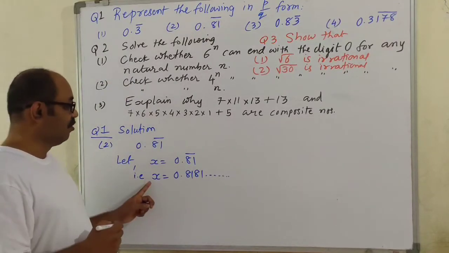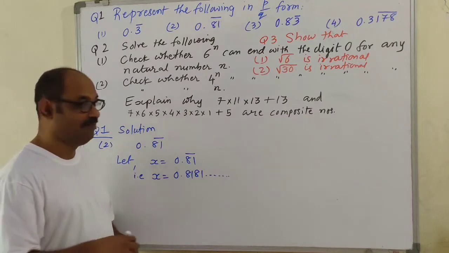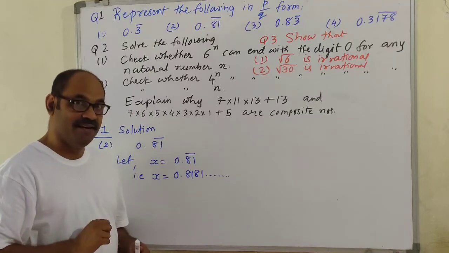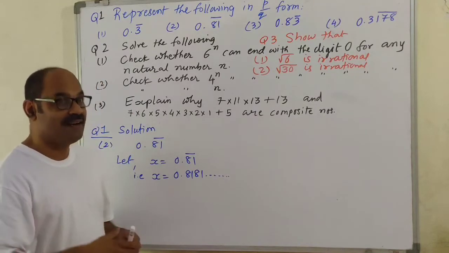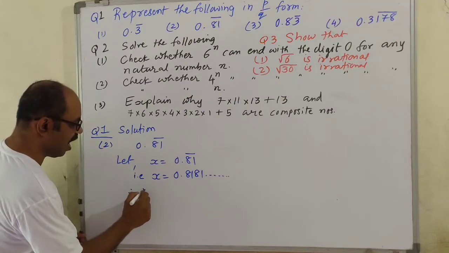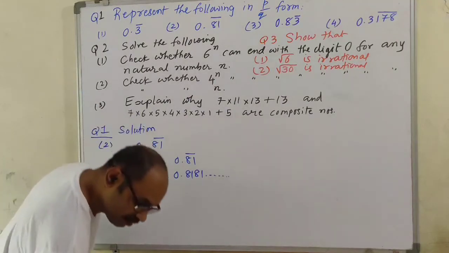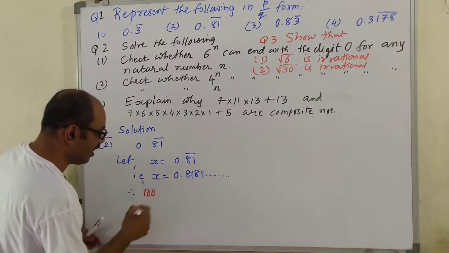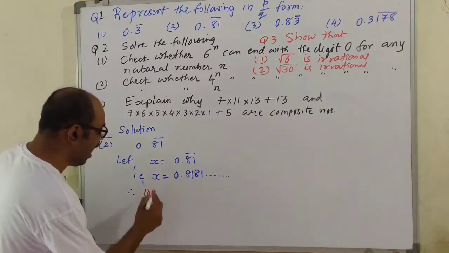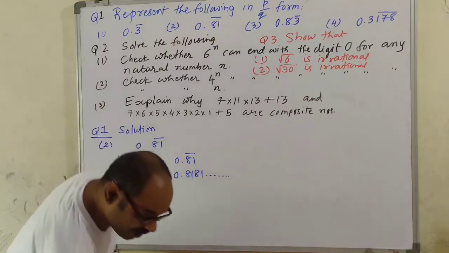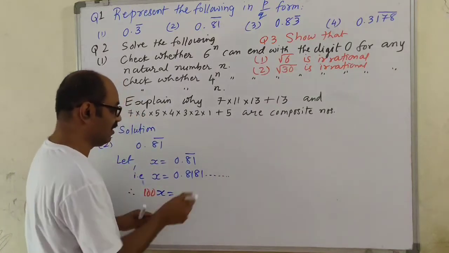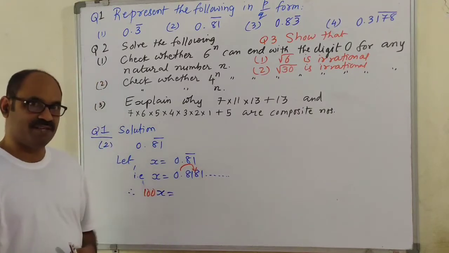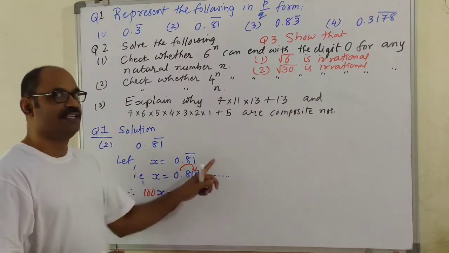Well, what are you going to multiply on left hand side and right hand side this time? How many digits are recurring or how many digits are repeating? 2. So multiply by 100. See children, I am multiplying by 100. So this gives me 100x is equal to, but here if you multiply 100 on the right hand side, the decimal point will shift 2 digits to the right.